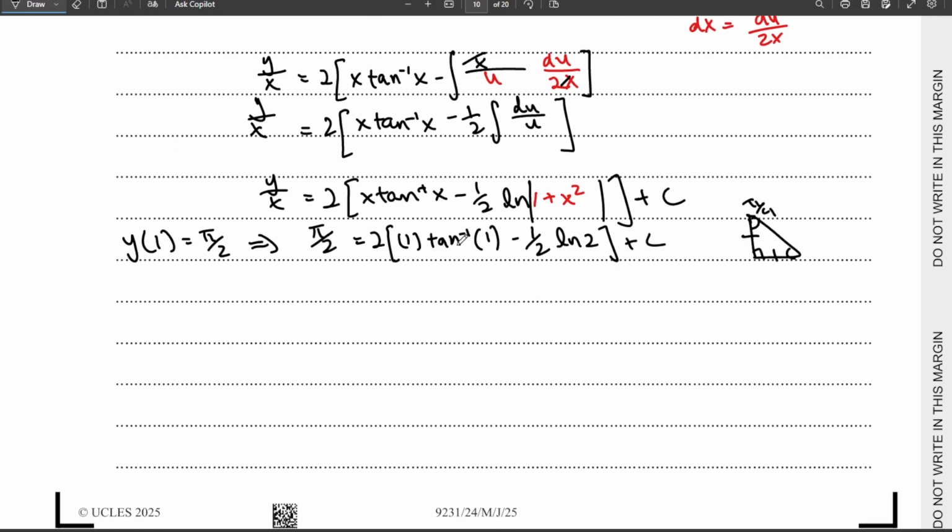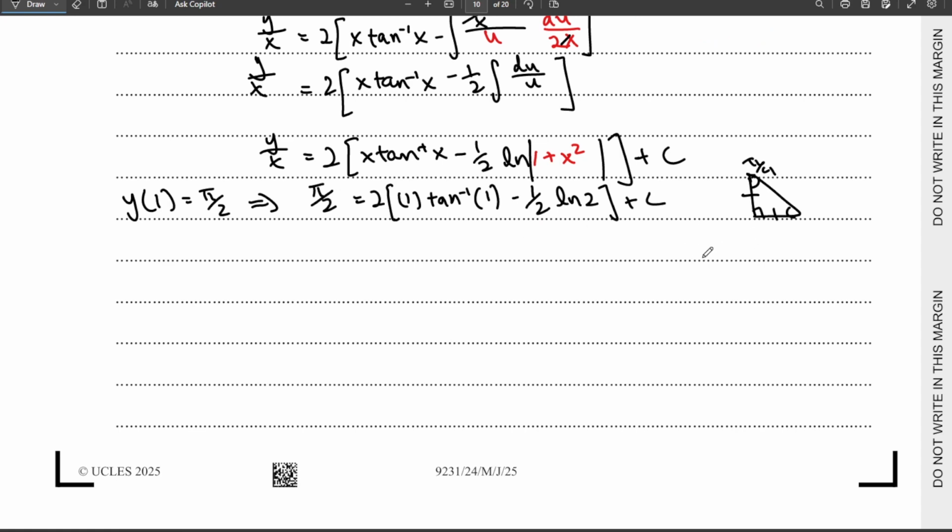Okay, to evaluate inverse tangent of 1, if you can recall this 45, 45, 90 triangle, the opposite of the pi over 4, for 45 degrees, is unit length of 1, and also the adjacent is unit length of 1.